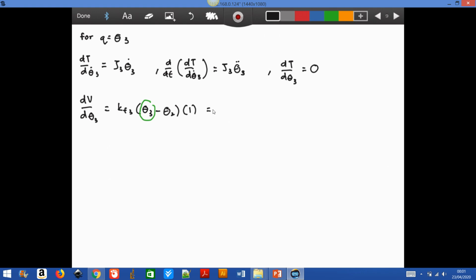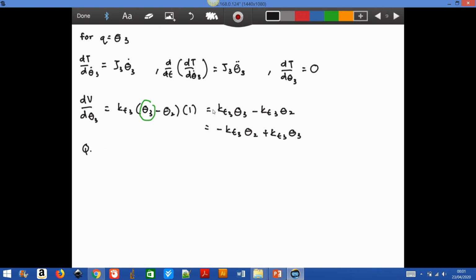Or I can write it as kt3 theta 3 minus kt3 theta 2. Don't forget to rearrange: minus kt3 theta 2 plus kt3 theta 3.